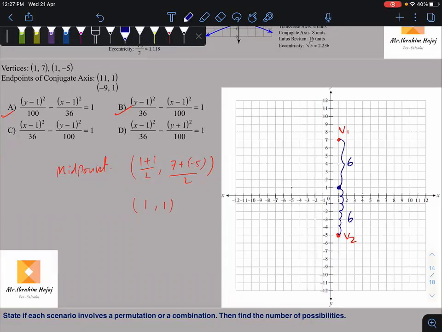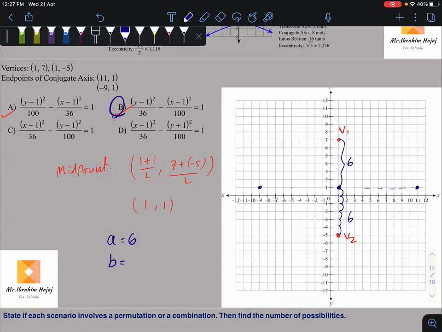Since it's 6 units in both of them, we can say that A squared should be below the y, which is here B. So A is equal to 6 and B is equal to, if we plot here, guys, the point (11, 1), and we plot (-9, 1).